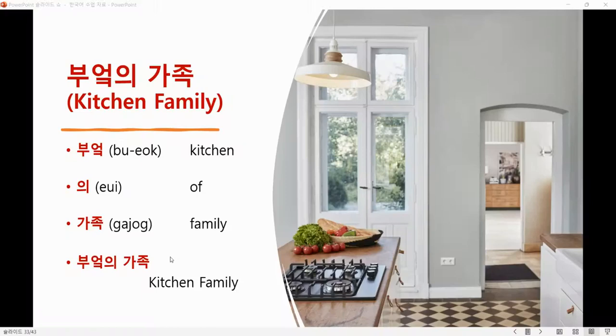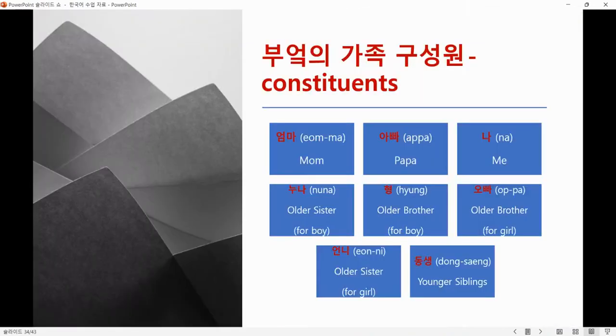So 부엌의 가족 means family of kitchen, or kitchen family. Let us try to know what is inside the kitchen.